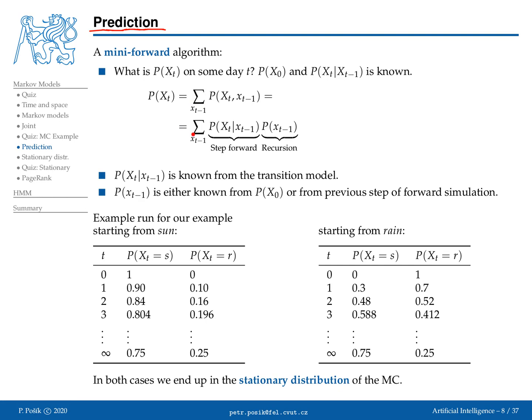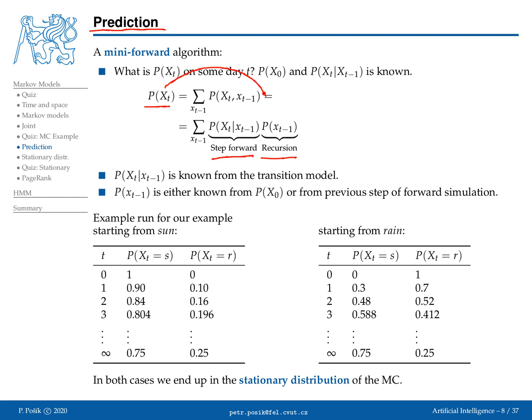You want to estimate a future state or future distribution over the states. And in this case, this is a very, very simple process. You just repeat this computation as many times as you need. So this is the current weather. Using the transition model, you will get the future distribution.